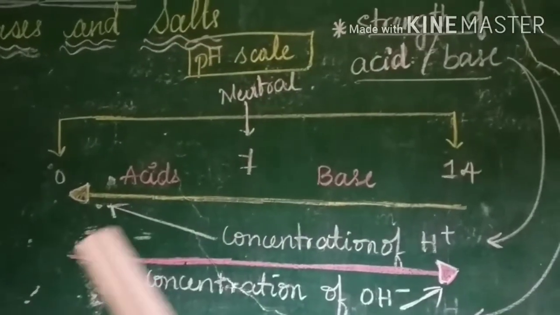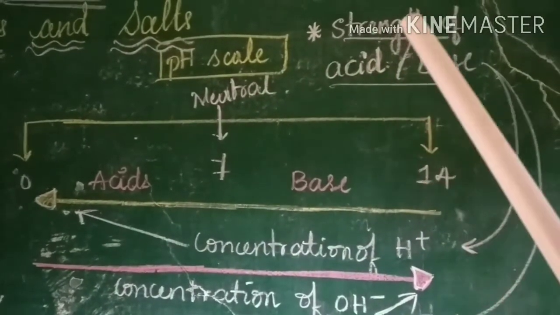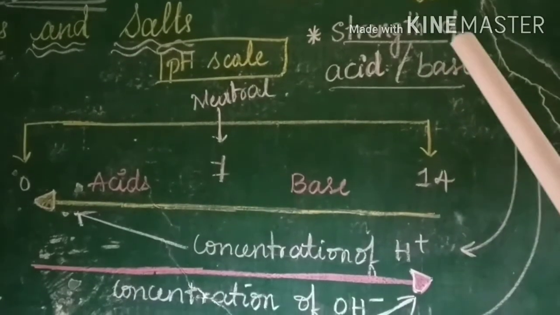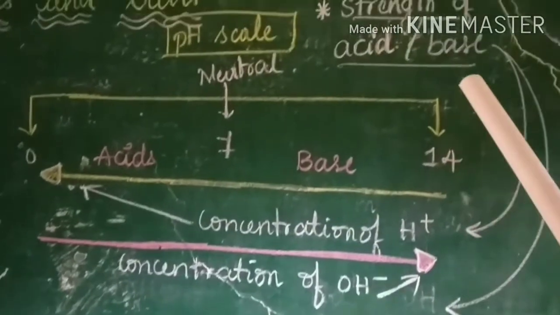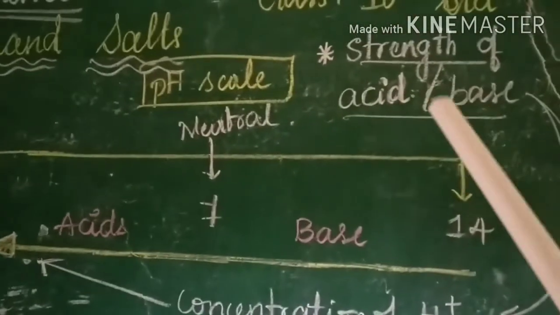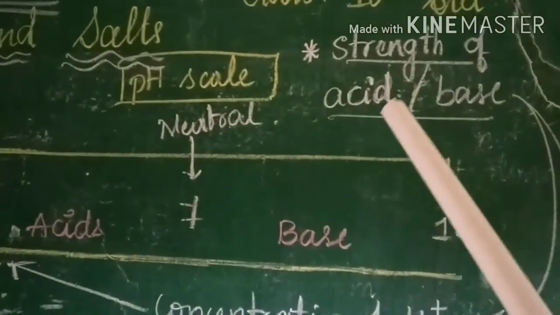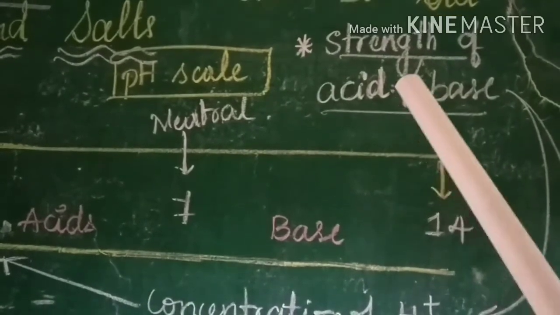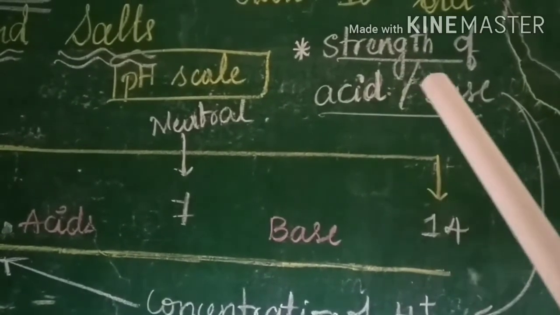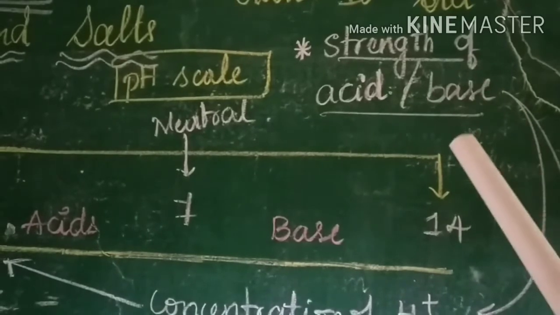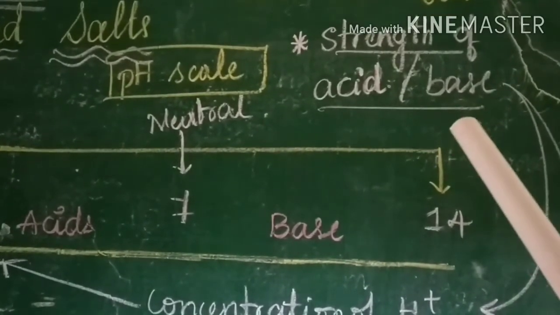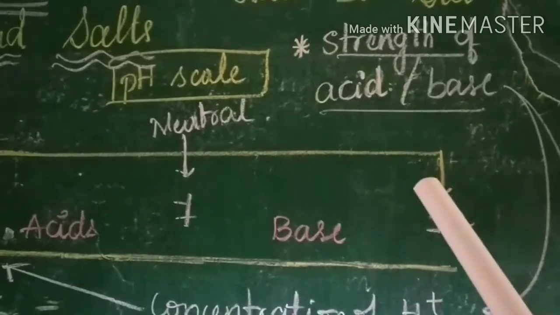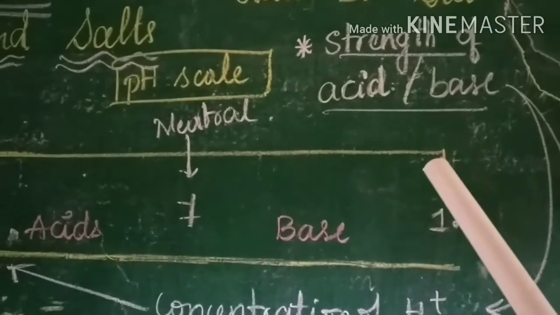The strength of an acid or base depends upon the production of H plus ions or OH minus ions in a solution. Look here, children. Strength means how many H plus ions the acid produces in a solution. If it produces more H plus ions in a solution, the acid is said to be a strong acid.